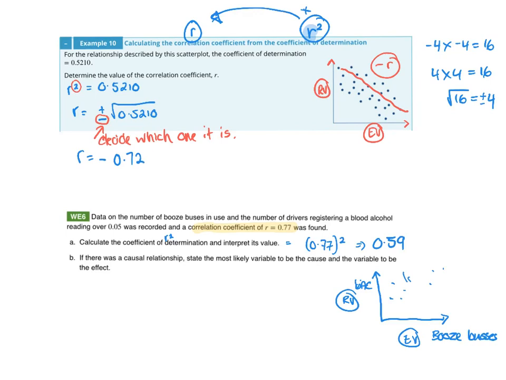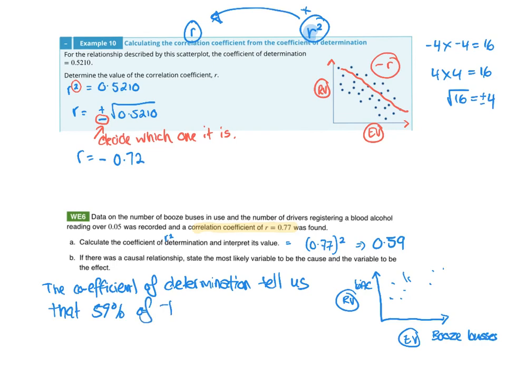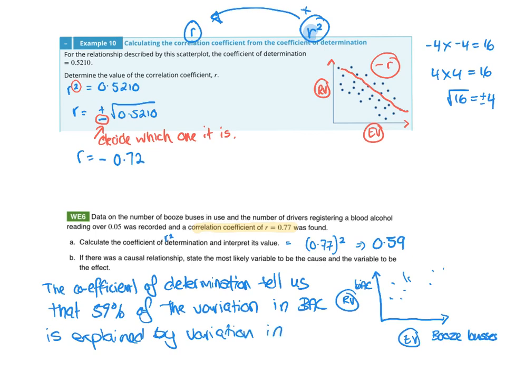So if I went to interpret that R squared value there, I'm using that template on the other page: the coefficient of determination tells us that 59% of the variation in the response, which I'm going to say is BAC, is explained by the variation in the number of booze buses.